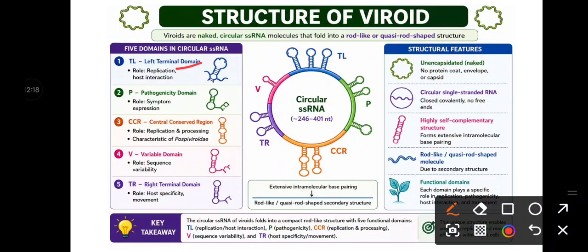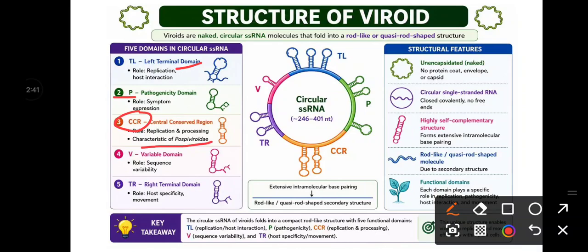Then the second domain is the pathogenic domain or P domain. Its role is symptom expression. Then the third and most important domain is the central conserved region, the CCR domain. Its role is replication and processing of the RNA molecule, and it is characteristic of Pospiviroidae.